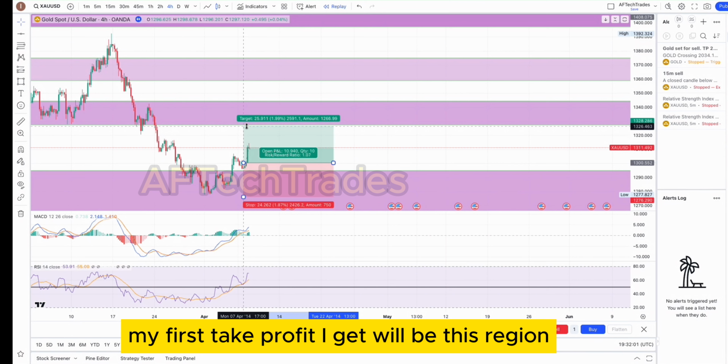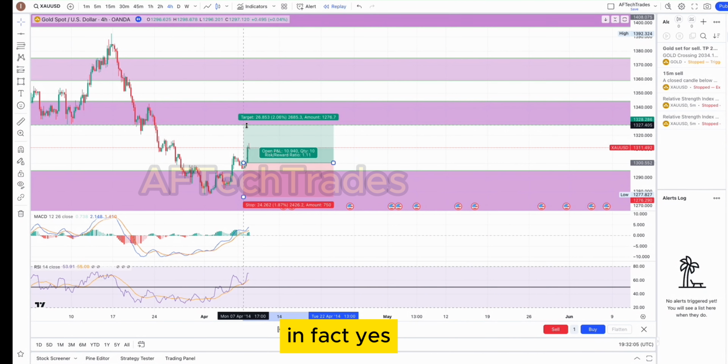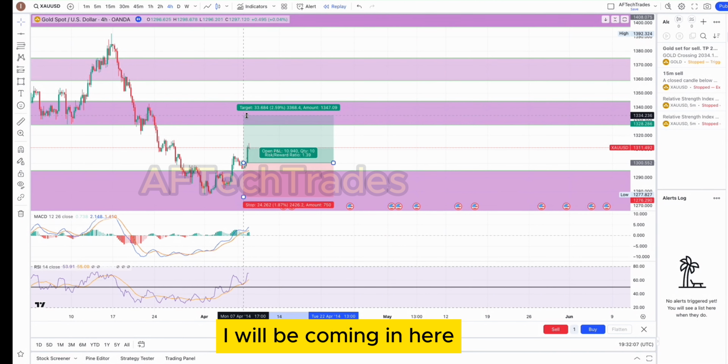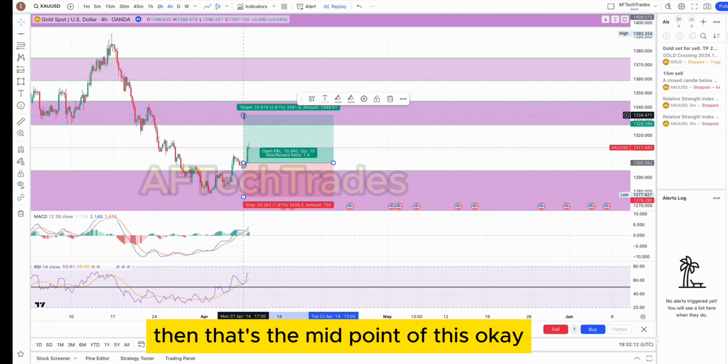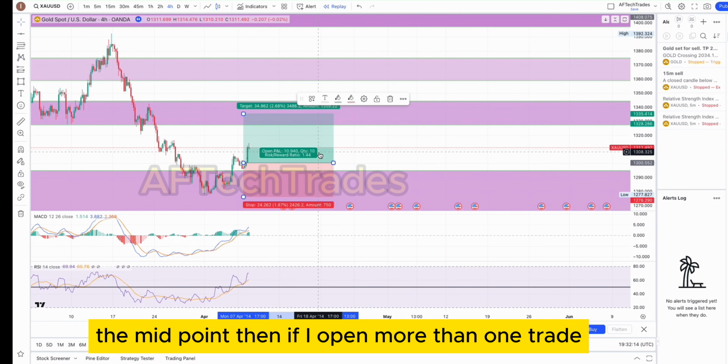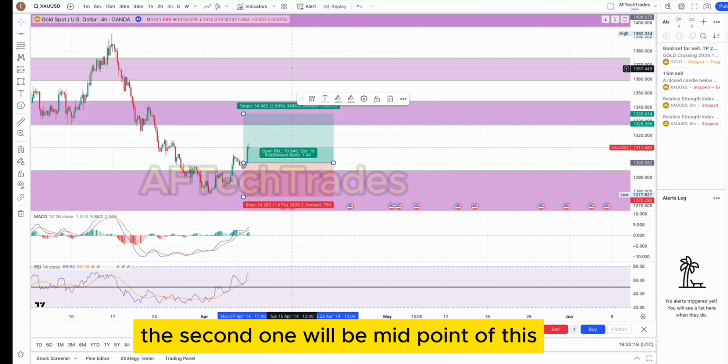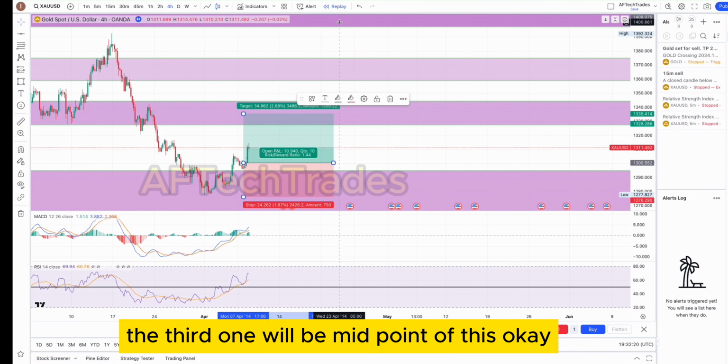My first take profit target will be this region. In fact, yes, will be this region. I will be coming in here. Then that's the midpoint of this. Okay, the midpoint. Then if I open more than one trade, the second one will be midpoint of this, the third one will be midpoint of this.